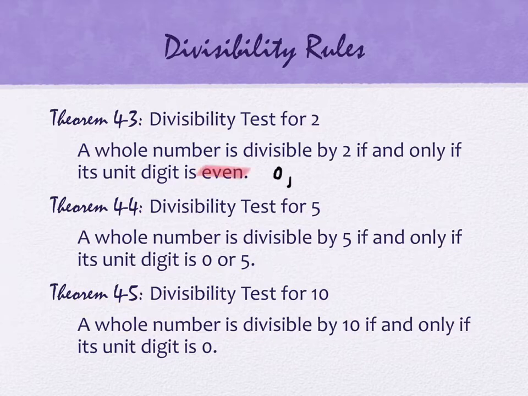We talked about this being divisible by 0, 2, 4, 6, or 8 as our last digit. Okay, so 2, 5, and 10 are alike.